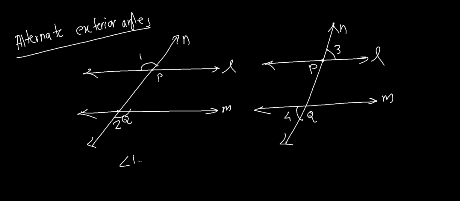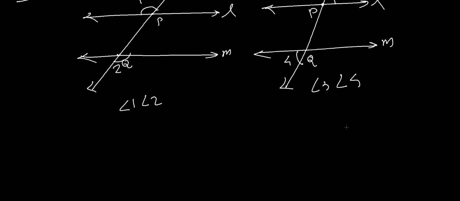So angle 1, angle 2, angle 3 and angle 4 are the pairs of alternate exterior angles. So what is the condition mathematically?